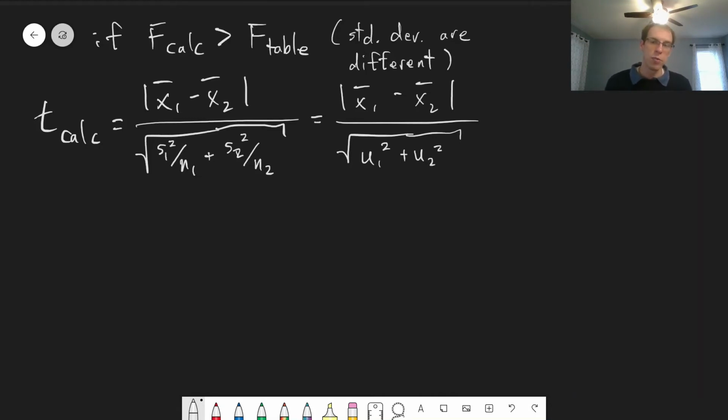The other thing is we don't have an S-pool to calculate here, but instead we have to calculate the degrees of freedom. We can't just take n1 plus n2 minus 2 like we would for the other case where fcalc is less than ftable.